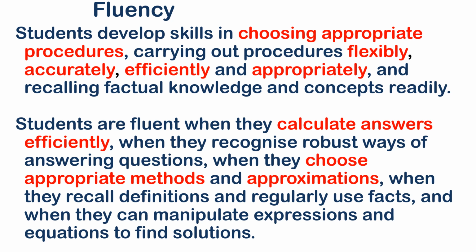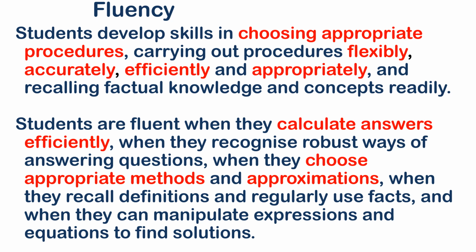And of course, we want them to choose appropriate procedures for whatever they're doing. In all of that, they need to recall factual knowledge and concepts readily. So they need to have some knowledge and understanding in their memory, and they need to have some working memory ready to do that. So the second paragraph talks about when students are fluent, what do they do? They calculate efficiently. They recognize robust ways, and I love the choice of that word robust because it means they recognize really strong and purposeful ways of answering questions.